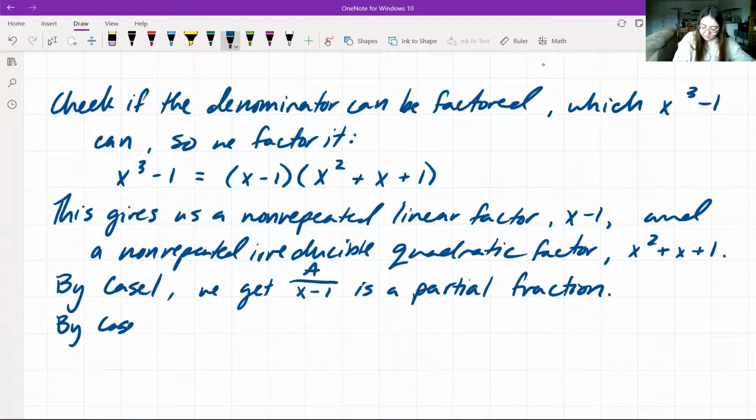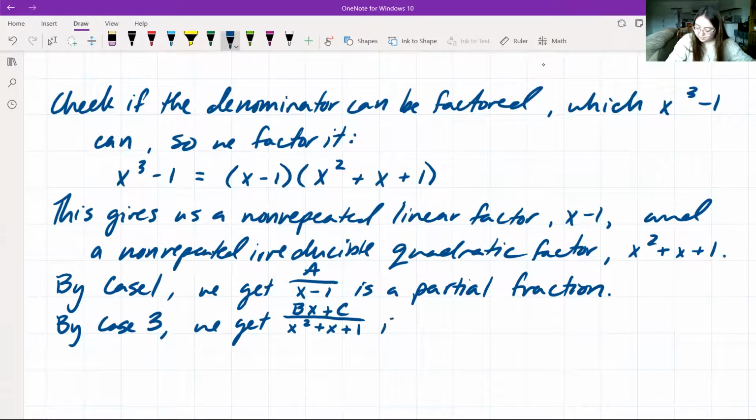Then we identify our second term, which is our non-repeated irreducible quadratic factor, so we use case 3. By case 3, we get Bx plus C divided by x squared plus x plus 1 as another partial fraction.